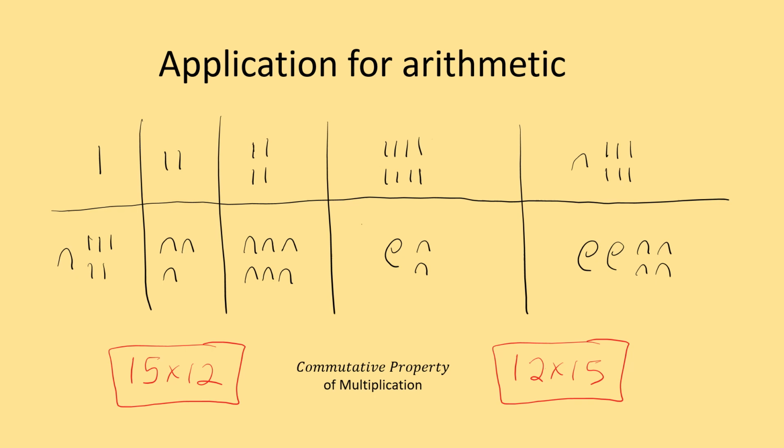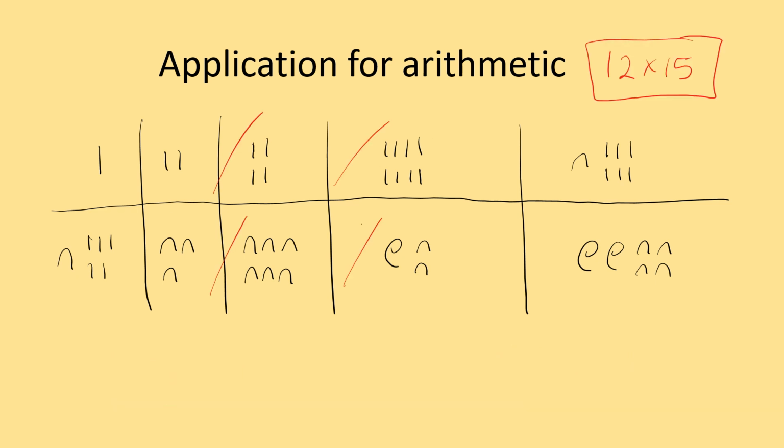So to demonstrate what we call the commutative property of multiplication, I will use the following relationship. In this case, we're going to use the multiples of 15 to find 12 times 15. We know that 4 plus 8 is 12, so we'll look at 4 groups of 15 plus 8 groups of 15.